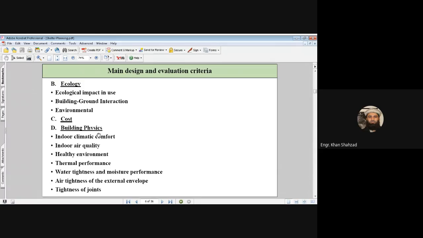Next is the building physics. So how is the indoor climatic comfort so that the people can live in it, and so that you are not providing the permanent shelters or permanent housing for them, so that they can spend like 1 or 2 or 3 years comfortably. Then the indoor air quality, you have properly managed it. Then the healthy environment, yes, there is the healthy environment.